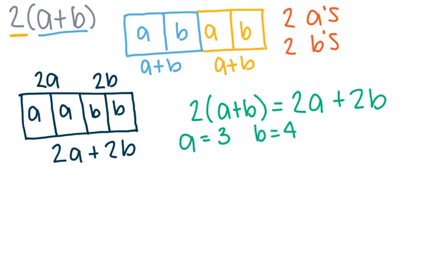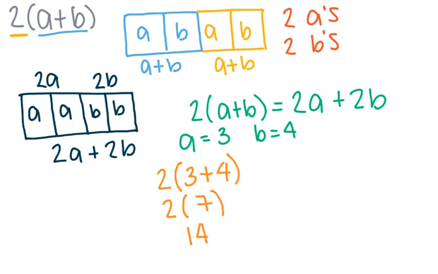So I'm going to start with the first one. 2(a plus b), so 2(3 plus 4). Remember, parentheses we have to do first, so this becomes 2 times 7, which becomes 14.